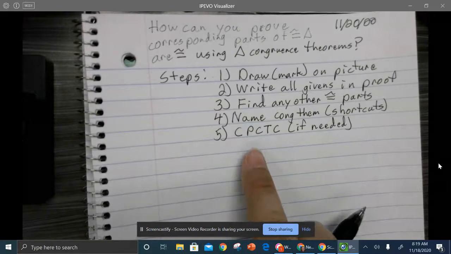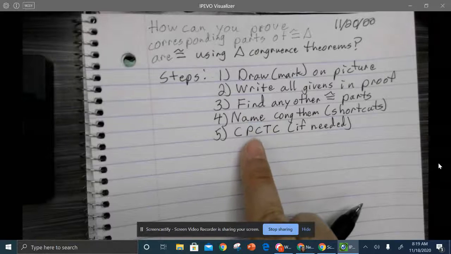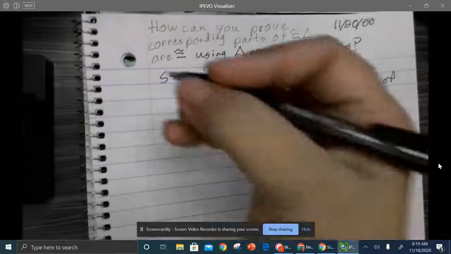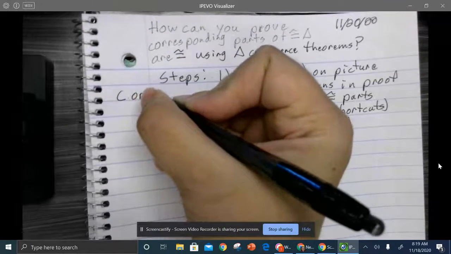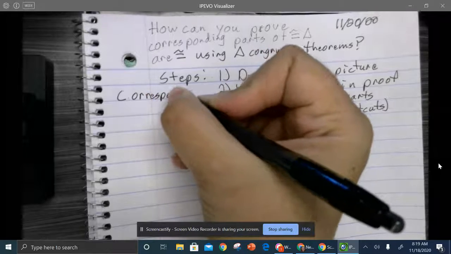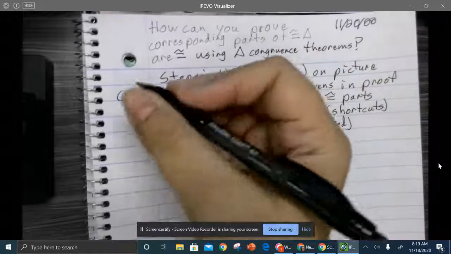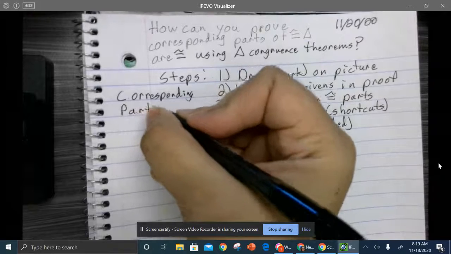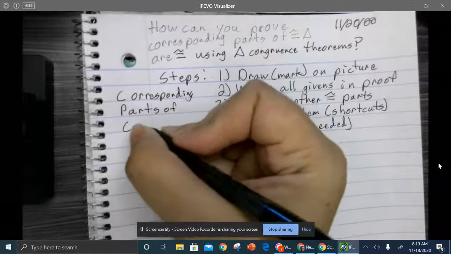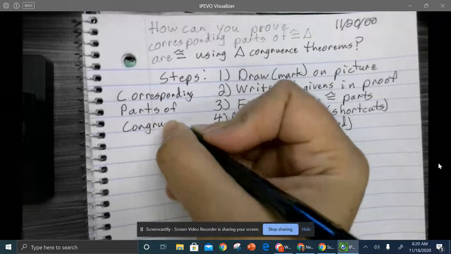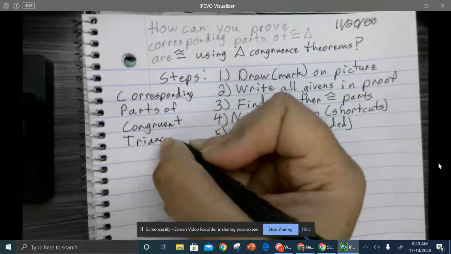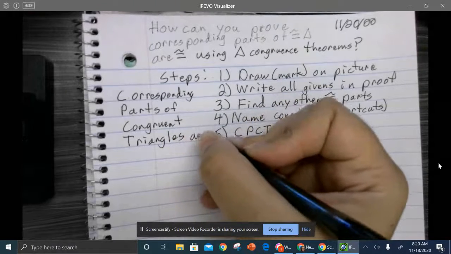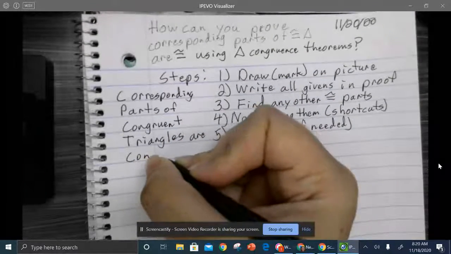If the proof has you prove an angle or side of the triangle is congruent, then you'll need this. What this stands for, everybody, is: corresponding parts of congruent triangles are congruent.